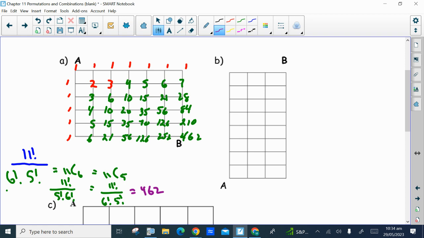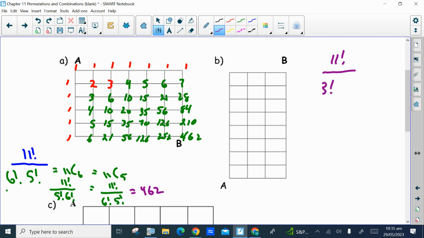So for question B, because it's a complete grid, we can use combinations in this case. To go from A to B, you're going 1, 2, 3, 4, 5, 6, 7, 8, 9, 10, 11 blocks. So that could be done using 11 factorial. 3 of the blocks are going in the same direction, 1, 2, 3.